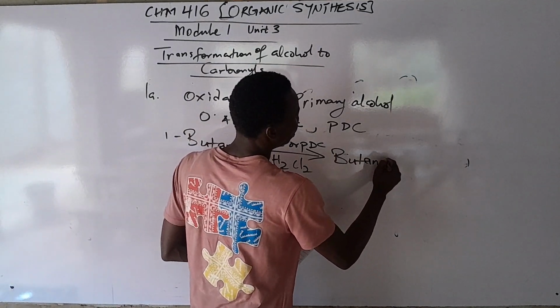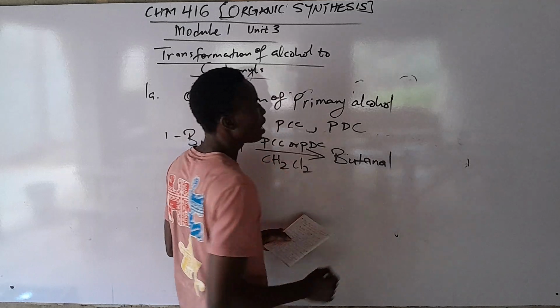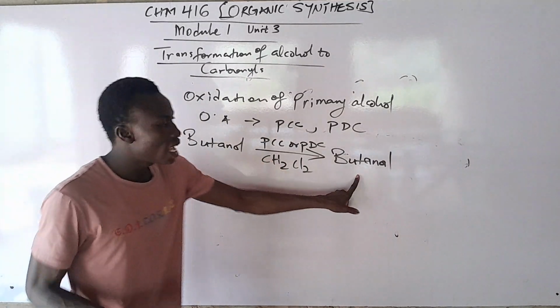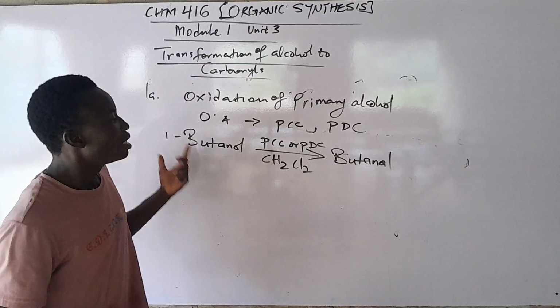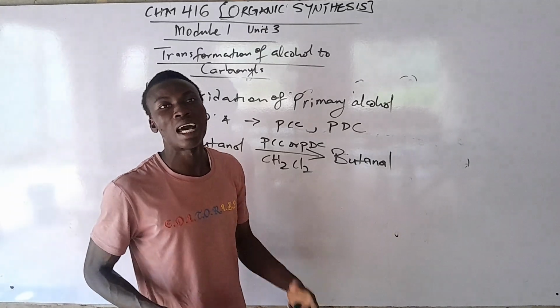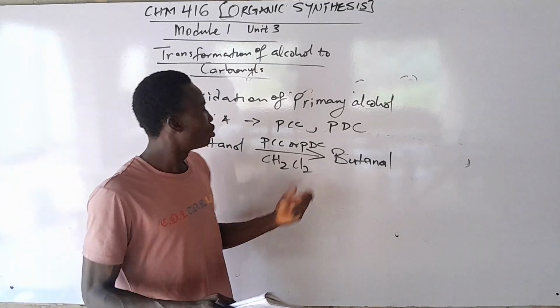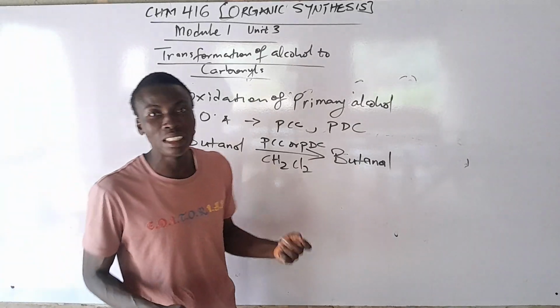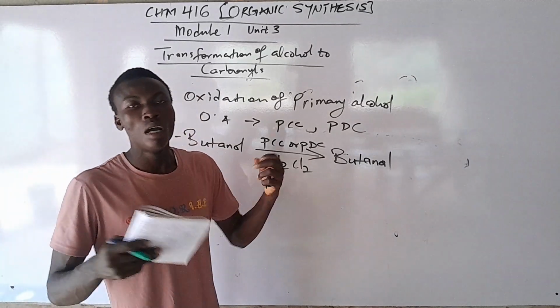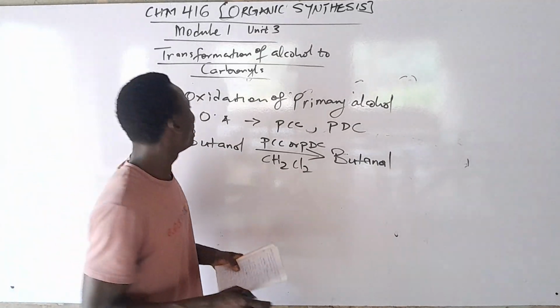Take note of that. The butanal here is the aldehyde that is needed. There is no formation of butanoic acid, which is the subsequent product formed alongside. So that means PCC and PDC are suitable oxidative agents.